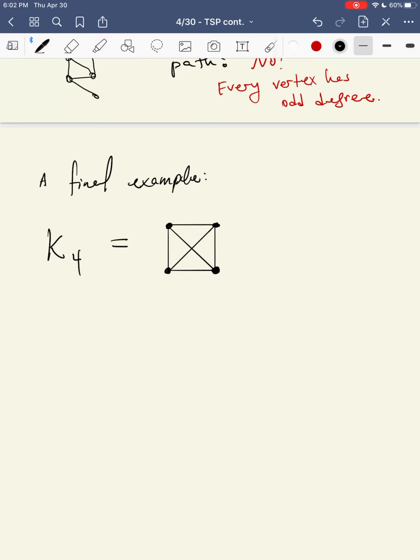This is also known as the complete graph on 4 vertices. Okay. Now this is a kind of interesting example because I was talking yesterday about how every complete graph has a Hamilton cycle. Now I wonder if you can see why.